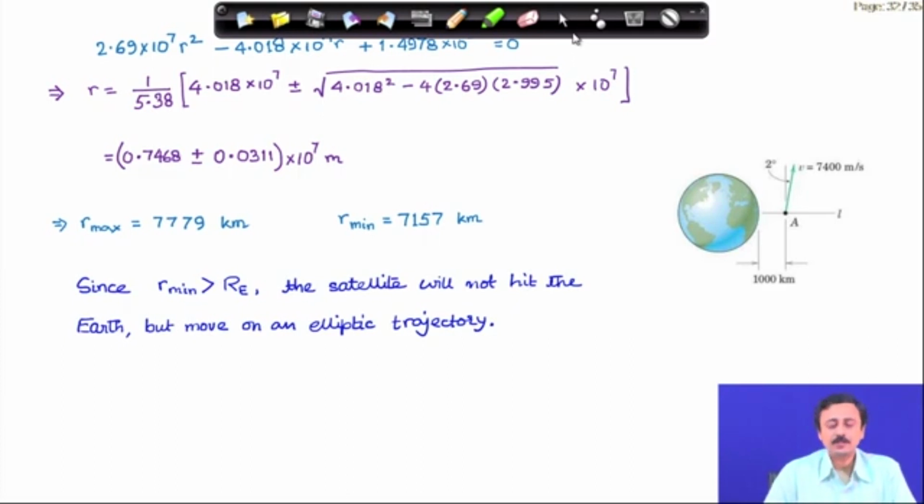So, that solves this problem, and you can calculate the eccentricity of the orbit, R max minus R min by R max plus R min, which we have discussed already, and that turns out to be 0.0416. That is the eccentricity, lowercase e.